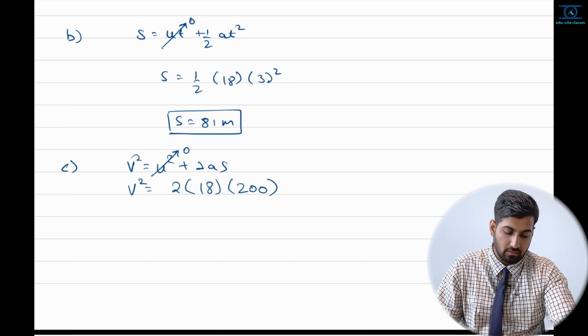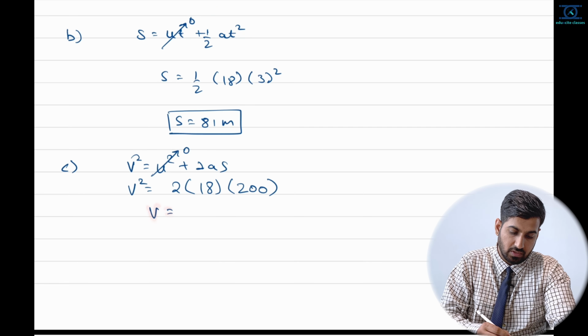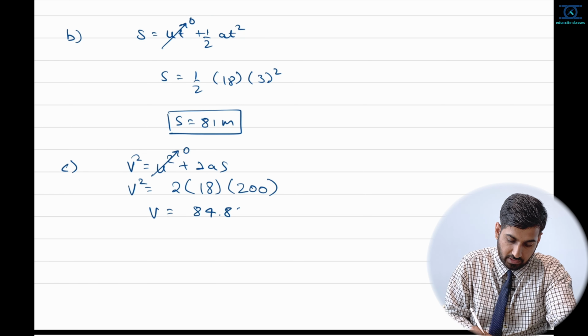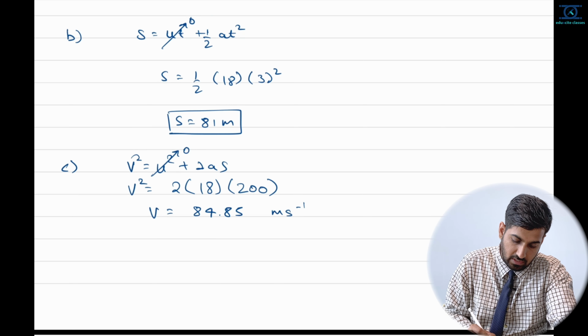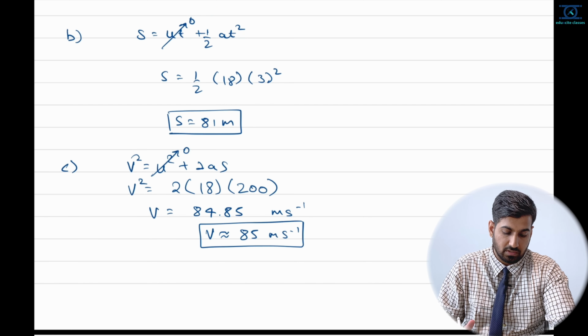Now you can do the calculations on your own. So the answer will be 84.85, I have already done the calculations, or rounding off it can be 85 meter per second. So this will be the answer for question number 1.